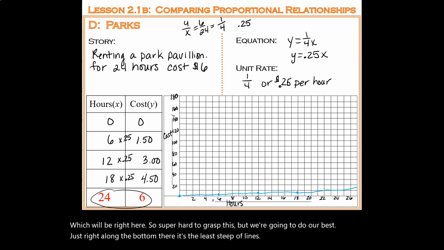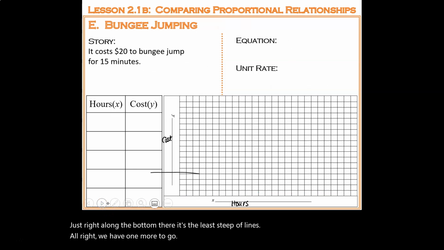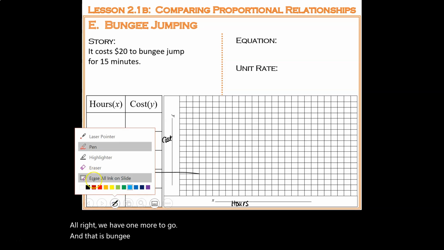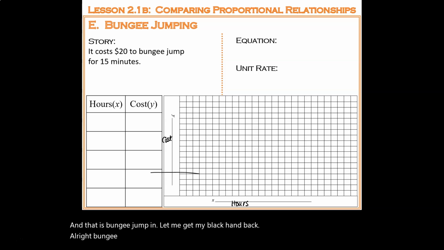All right, we have one more to go, and that is bungee jumping. Let me get my black pen back. All right, bungee jumping, we get a story here. It costs $20 to bungee jump for 15 minutes.